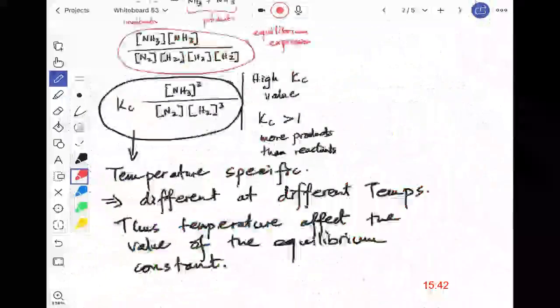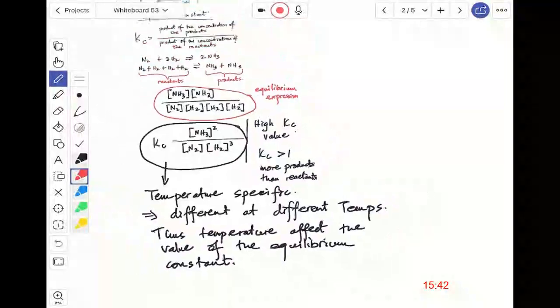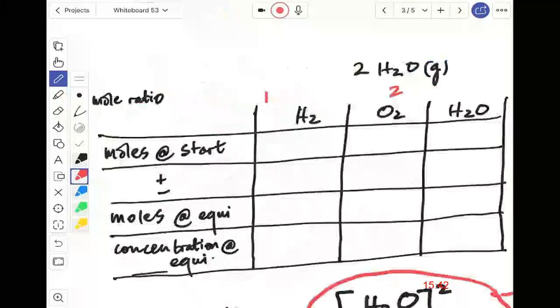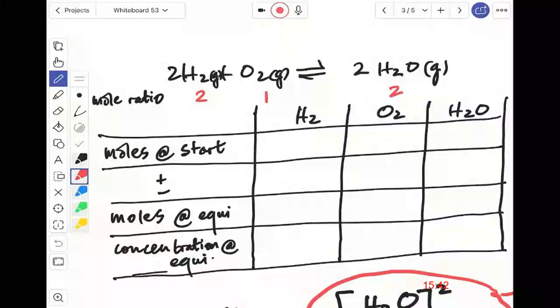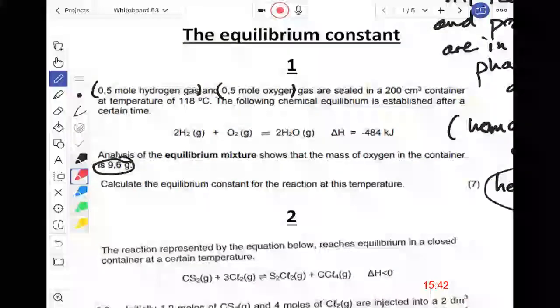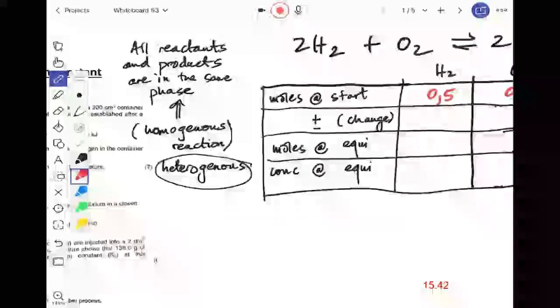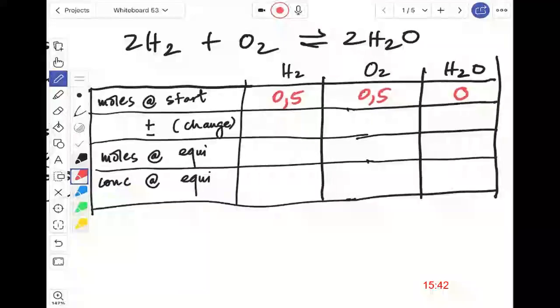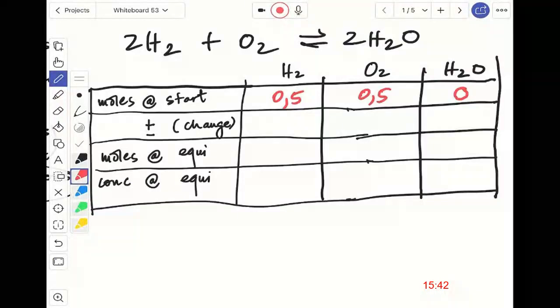Then it says analysis at equilibrium shows that there's 9.6 grams of oxygen in the container. Now, my table doesn't show grams. My table shows moles.